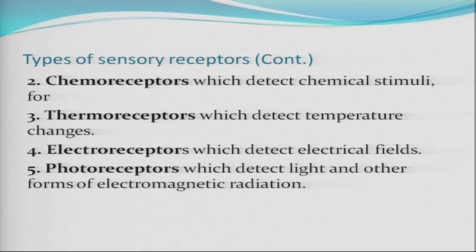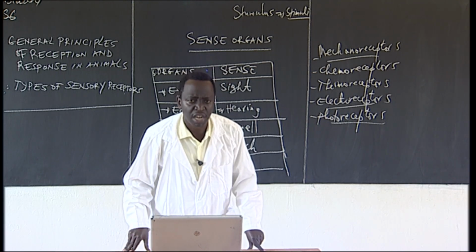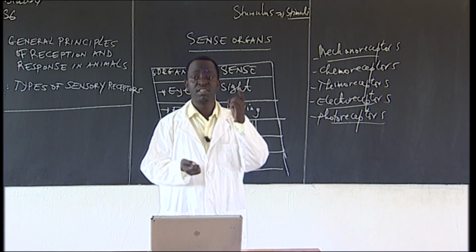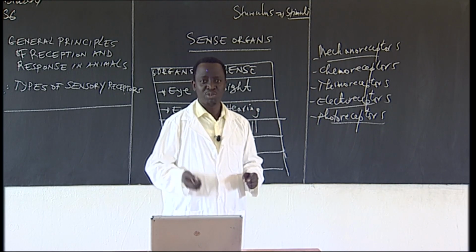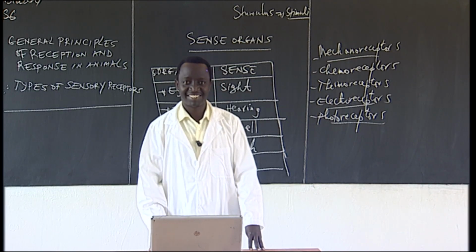They are what we call photoreceptors. Where are those photoreceptors located? They are found on what we call the retina. The retina is one part of what? Of the eye. It is where those photoreceptors are located. So the eyes cannot work if they don't have those photoreceptors, because we are able to see because there is light. Are you getting this? Those are what we call photoreceptors. Clear? Nice.